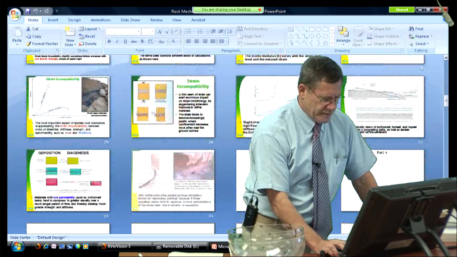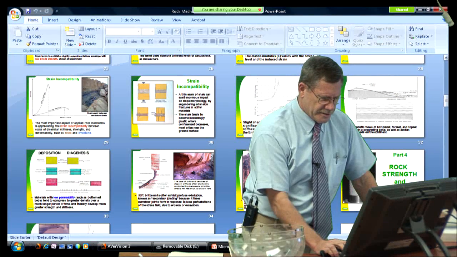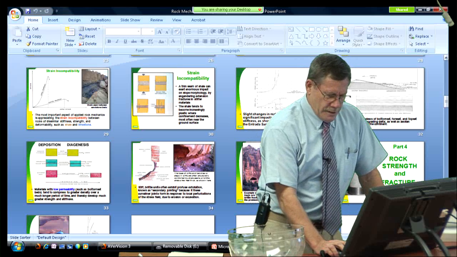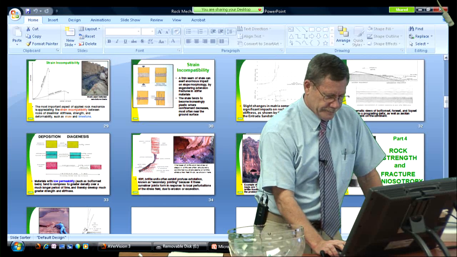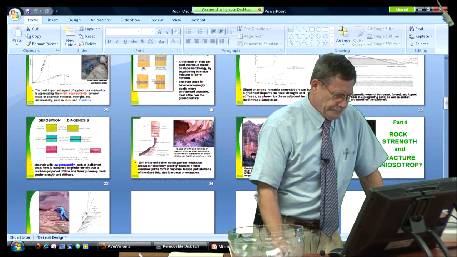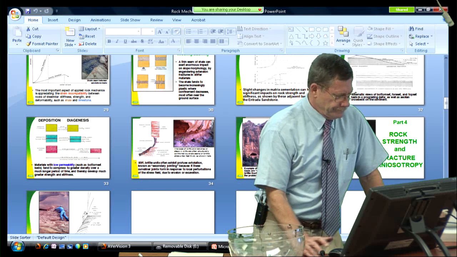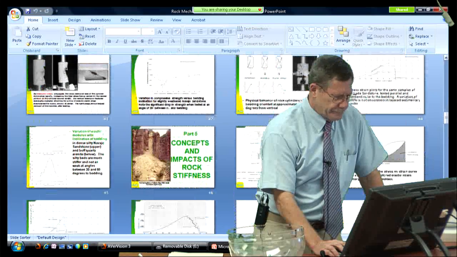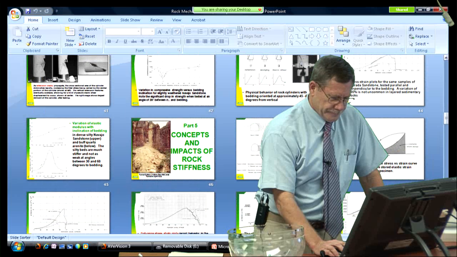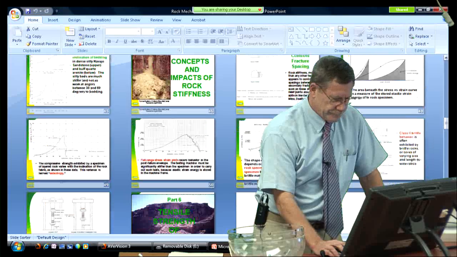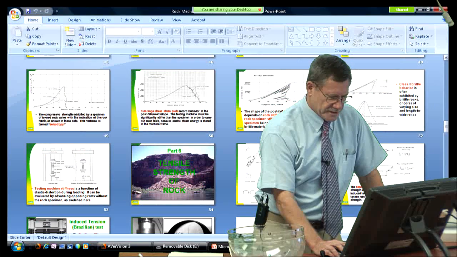Talked about strain and compatibility, strength and fracture anisotropy. Yeah, we talked about tensile strength of rock.